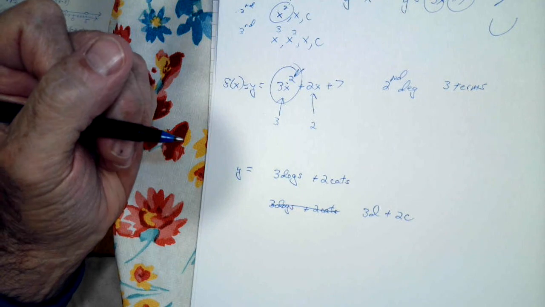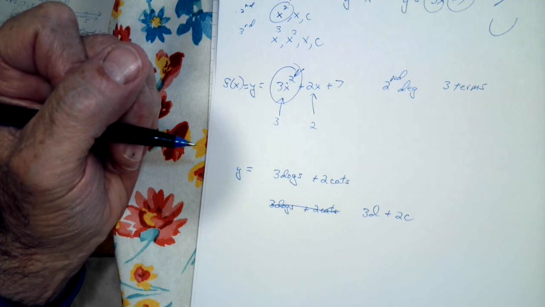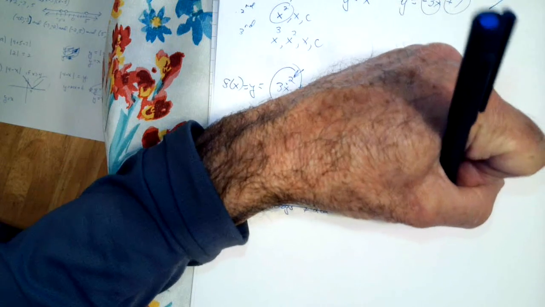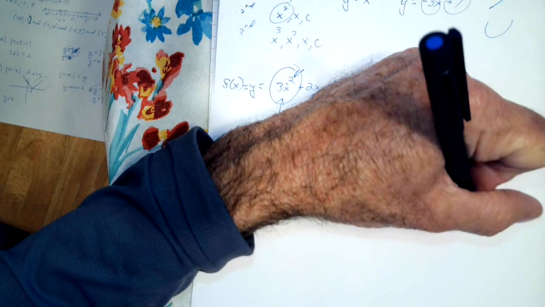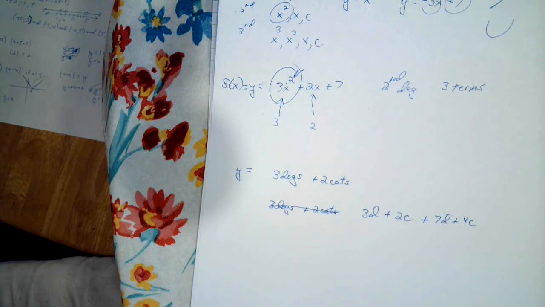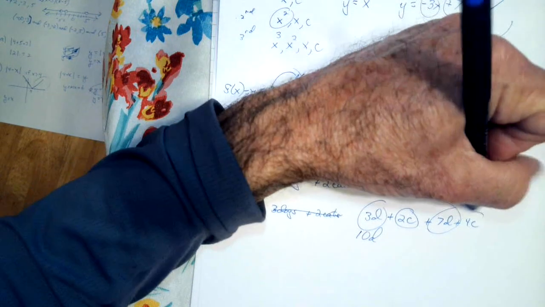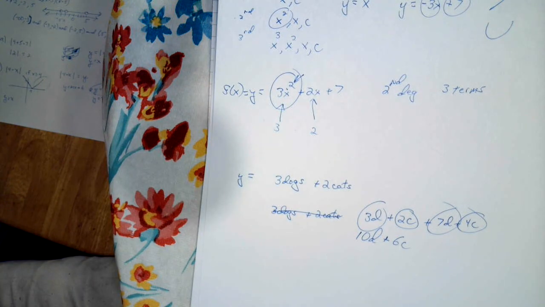Can I reduce this anymore? The answer is no, I can't. What if I were to say, okay, I've got this plus 7 dogs plus 4 cats? Can I do anything with that? Yes, I can combine the dogs to give me 10 Ds, and I combine the cats, and I have 6 Cs. Now it's reduced. So when I'm adding them together, that's what I'm doing.